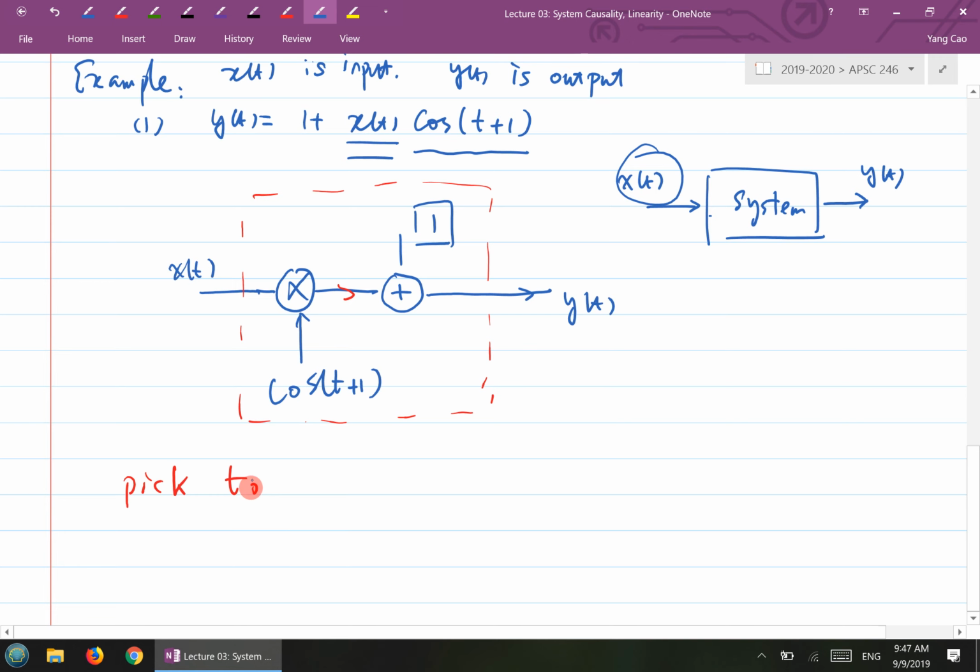If I pick an arbitrary t naught and plug it in, I get y of t naught equal to 1 plus x of t naught, multiplied. Looking at the relationship between output and input, clearly your current output depends only on the current input, which falls into the causal system category.